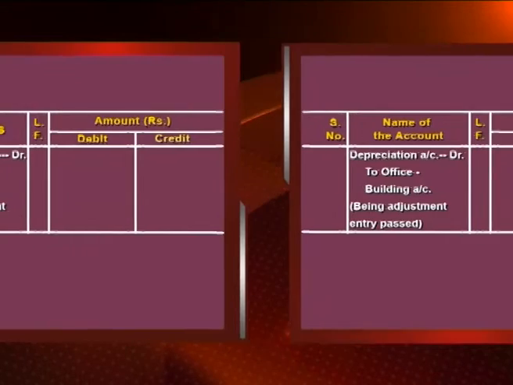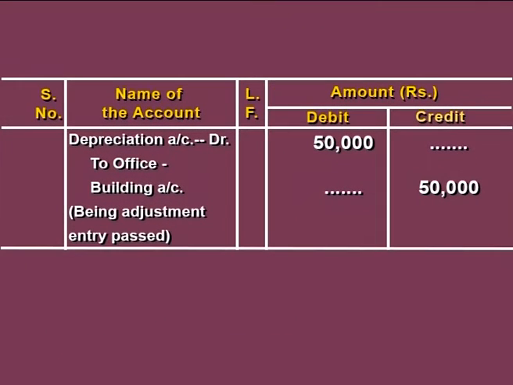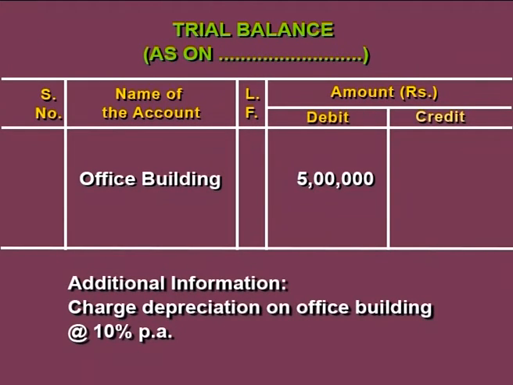For our adjustment, the entry will be depreciation account debit rupees 50,000 in the debit amount column to office buildings account rupees 50,000. I hope you understand that this 50,000 is arrived at as 10% of 5 lakh rupees of the asset value. The asset is rupees 5 lakh, as you can see on the trial balance.